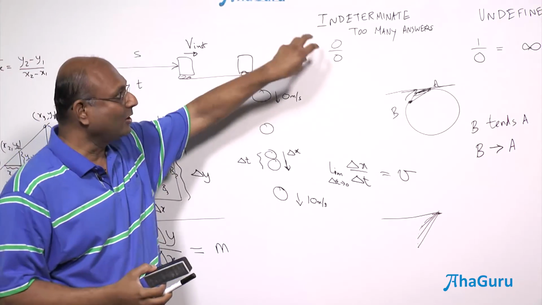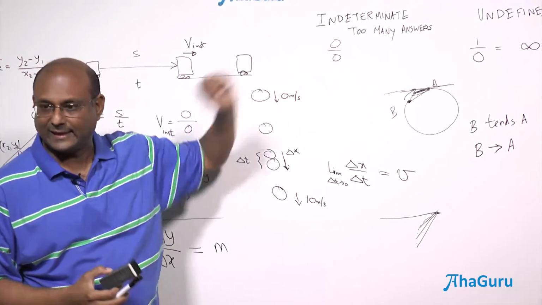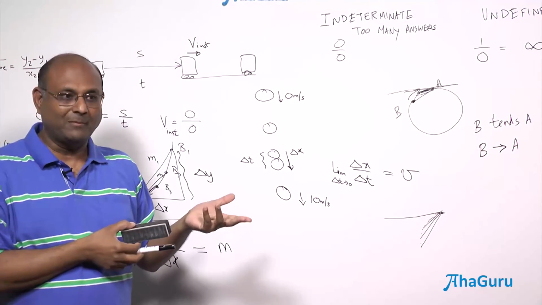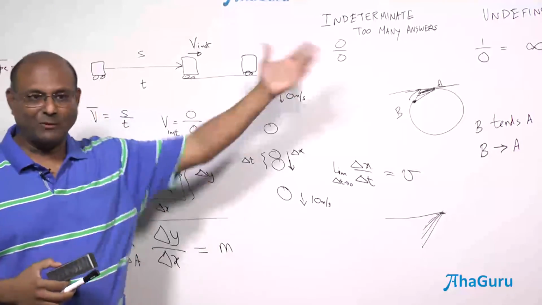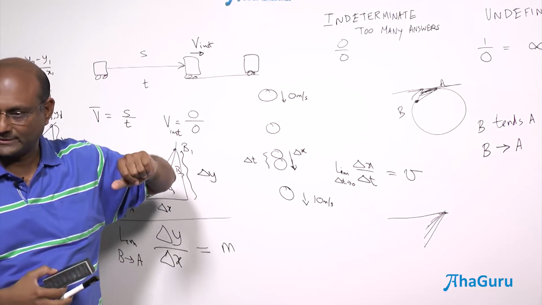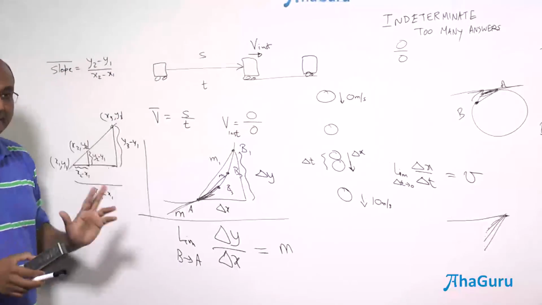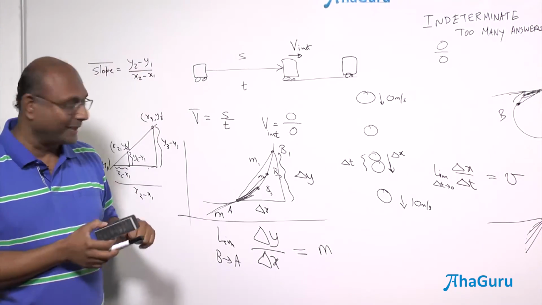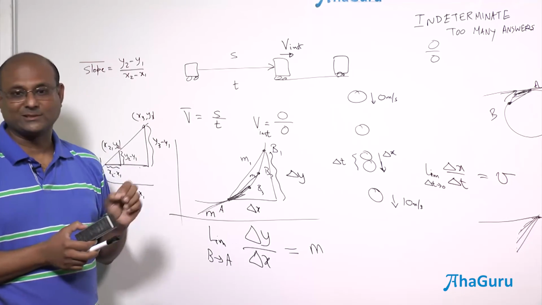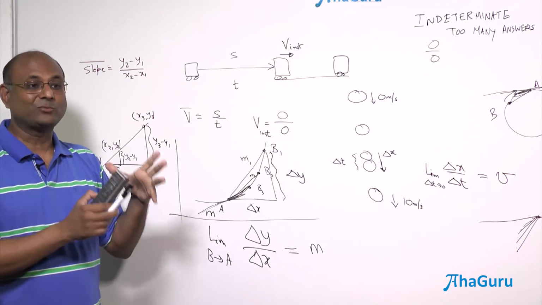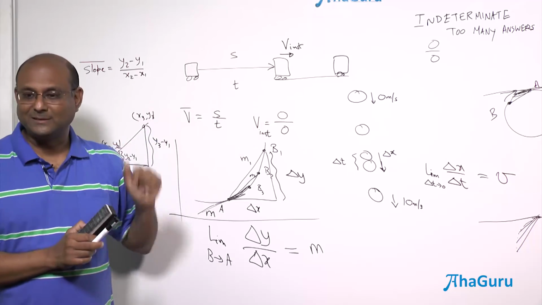So we are going to spend a lot of effort to understand what this really means, why it is causing a problem, and then we will also learn how to avoid that problem. And if you avoid the problem, you can find out what the value is. In all practical situations, there is a relationship between these two zeros. In fact, that is what will allow us to find 0 by 0.